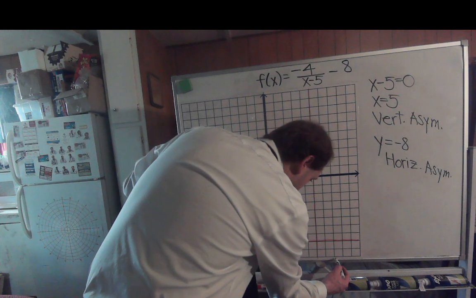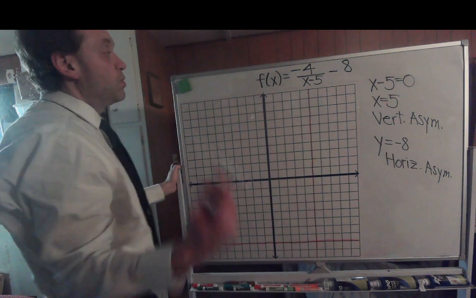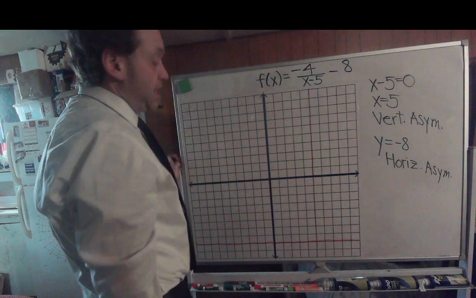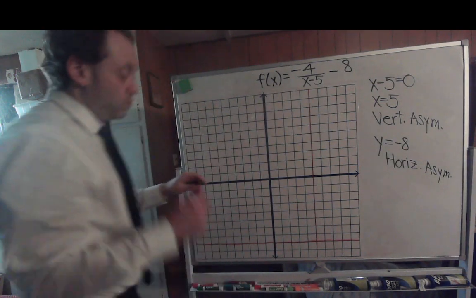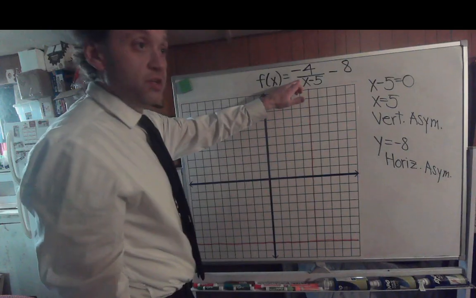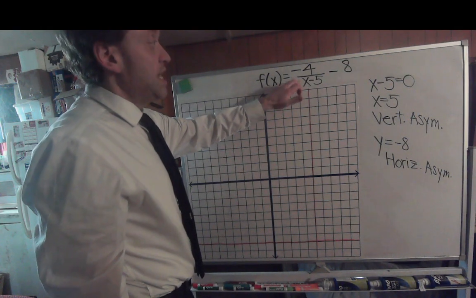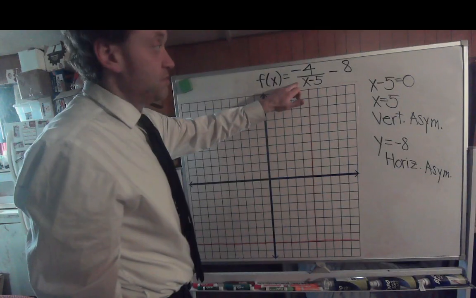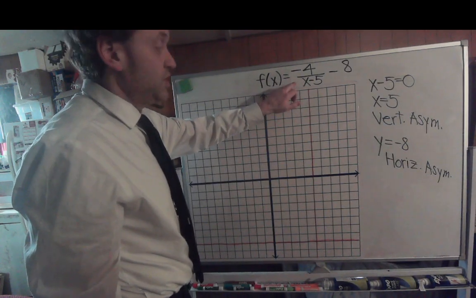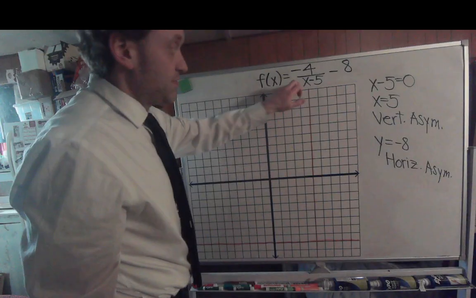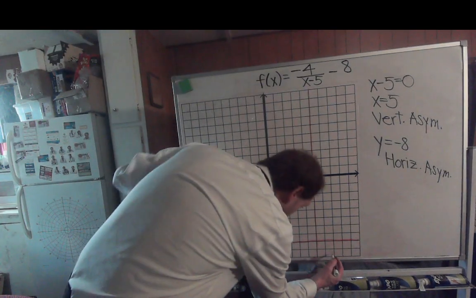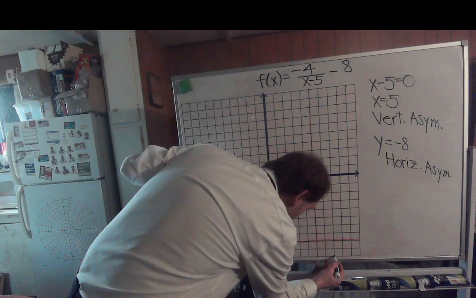What about when x equals 7? What is 7 minus 5? That's 2. So negative 4 over 2 is negative 2 minus 8 is negative 10. So at 7 you get negative 10.